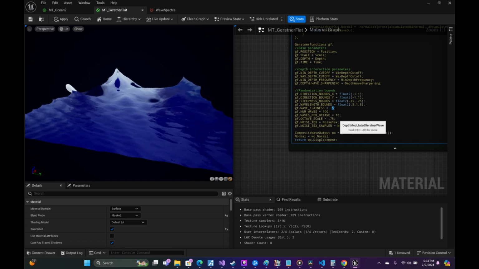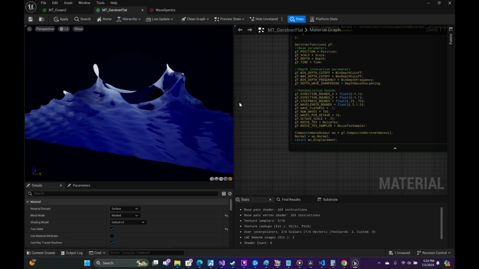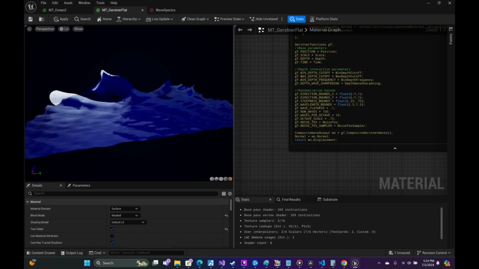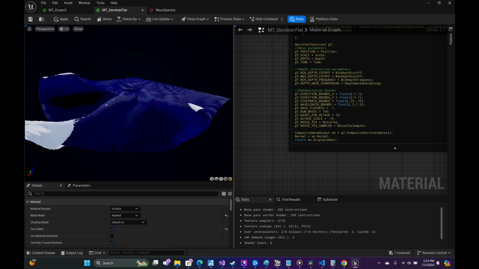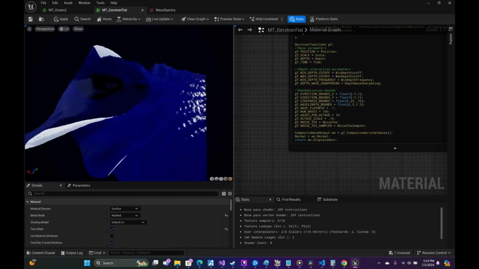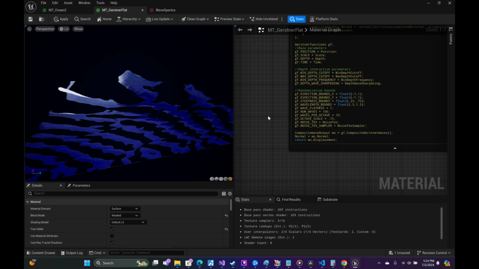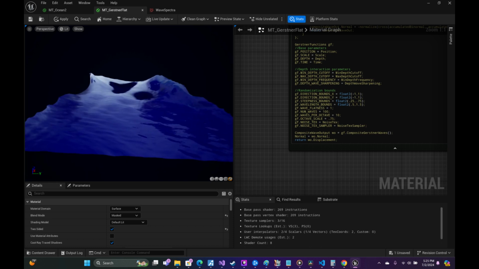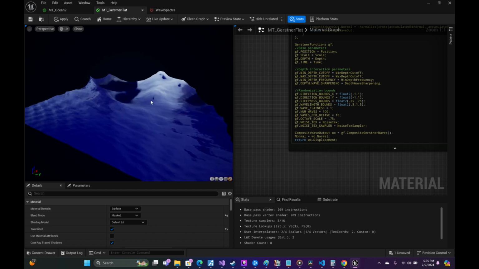I put wave flatness at like 0.1. It makes everything choppier. Put it on 1, and it looks like this.